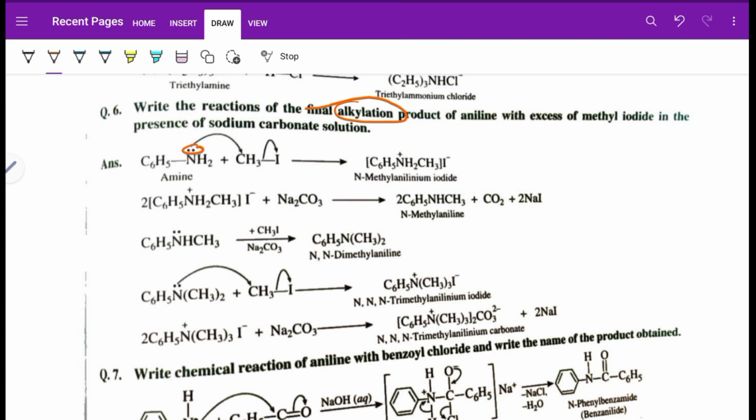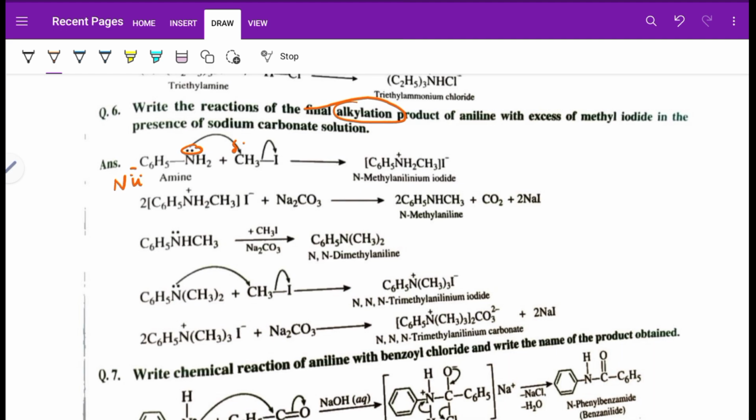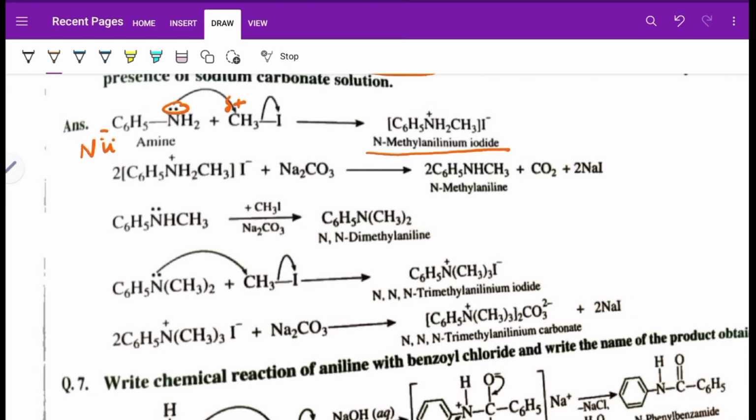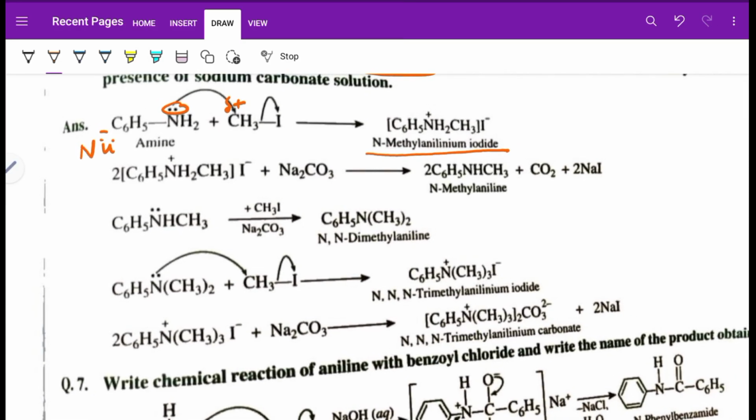This is acting as a nucleophile and delta positive character over alkyl group. So, it is a nucleophilic attack and this is the product that you are obtaining. So here we can see finally in this what happens is one of the H is substituted by the alkyl group and the other is remaining.